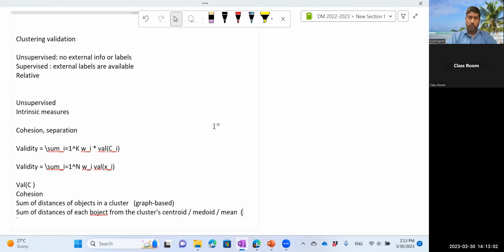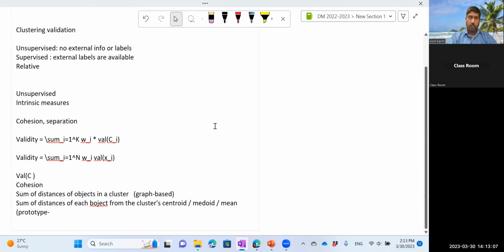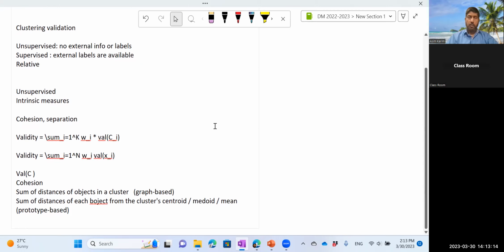So this assumes that the clusters are prototype based. Okay. So these are again cohesion measures.